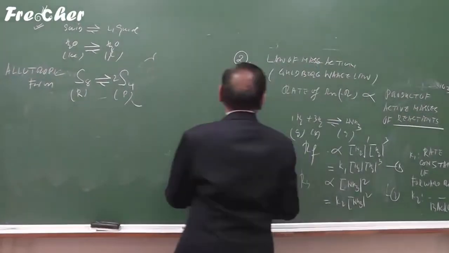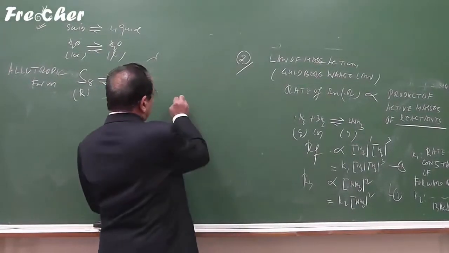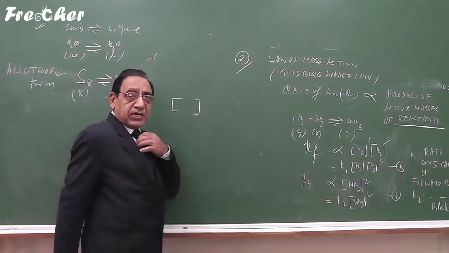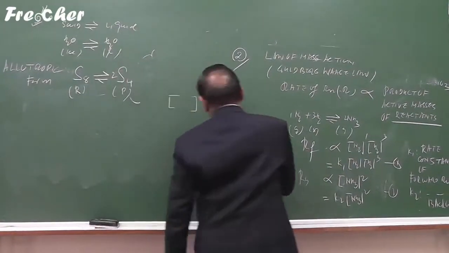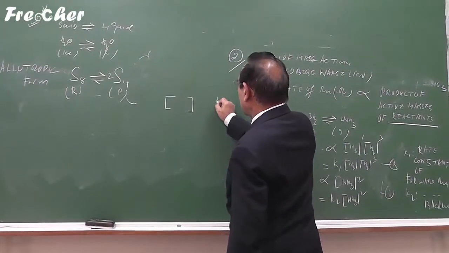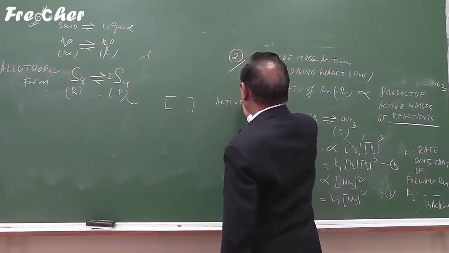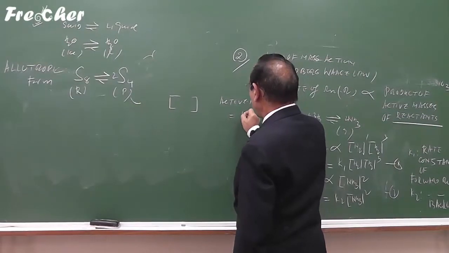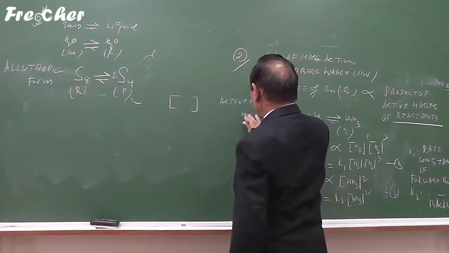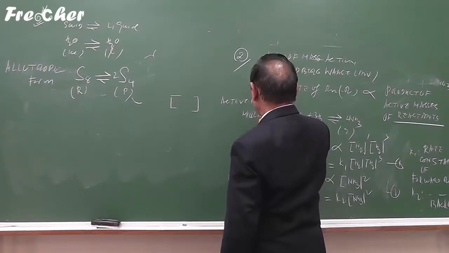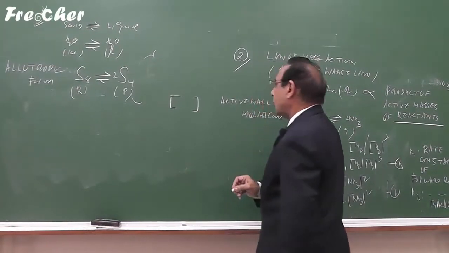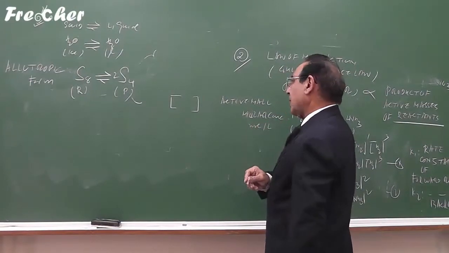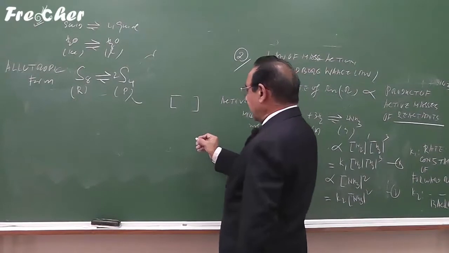So the second point is the law of mass action. Active mass is represented by a bracket. What do you mean by active mass? Active mass means molar concentration. You study all the time molarity, molar, it is molar concentration, which you know already, it is mole per liter. What do you mean by that?